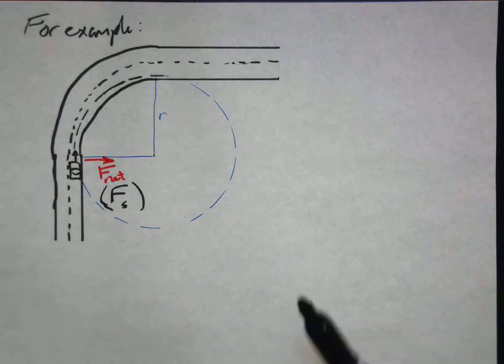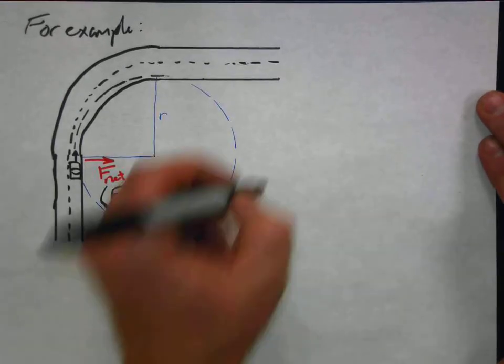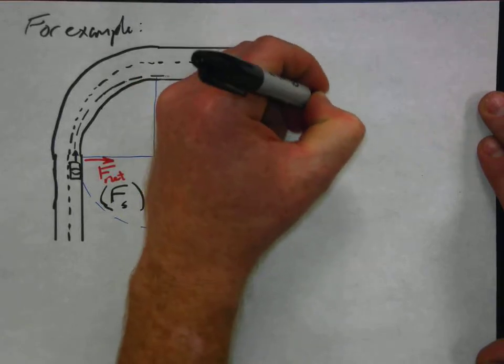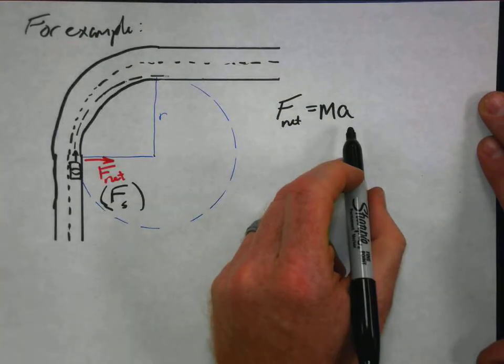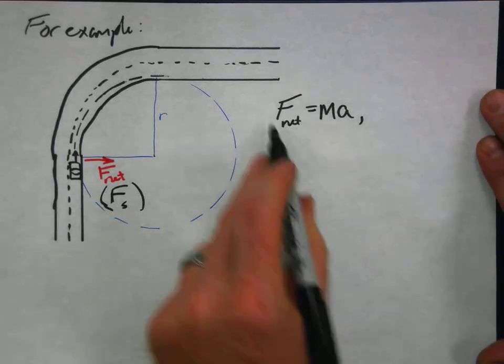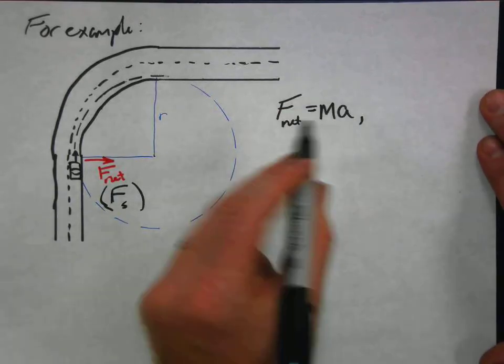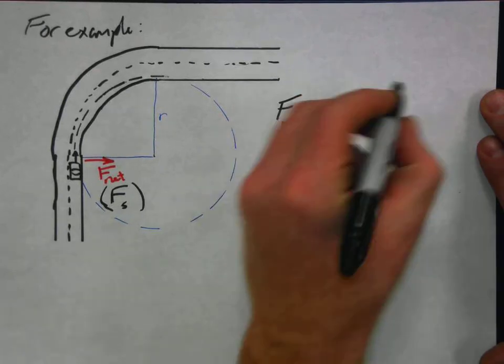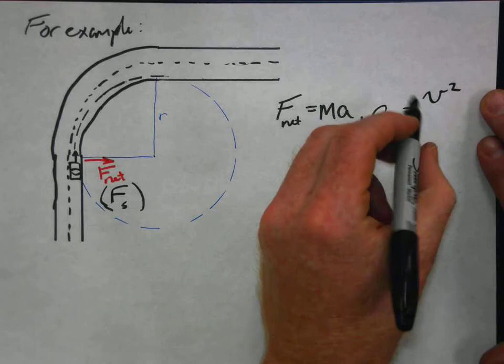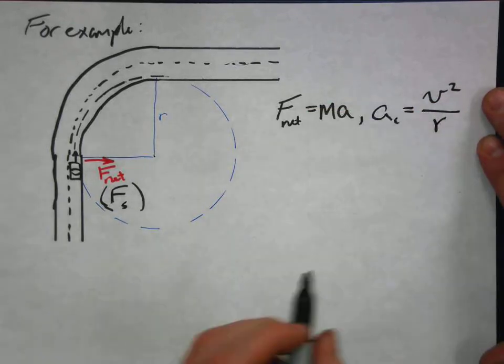But now, bringing it all together, what we know is that there's a net force. Net forces will cause an acceleration. We also know, and this is just general, this is Newton's second law of motion right here in a nutshell, but we also know that a centripetal acceleration is related to the speed squared divided by the radius of the circle.